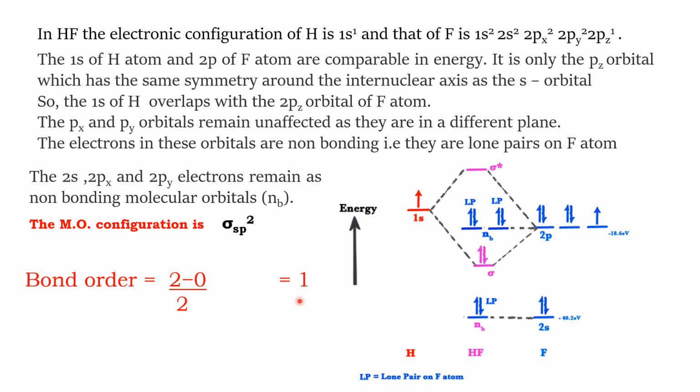All other orbitals of fluorine remain as non-bonding molecular orbitals. So a new term has come, non-bonding molecular orbital. We have seen bonding molecular orbital and anti-bonding molecular orbital. Now a new term has come, that is non-bonding molecular orbital. Got it? Take it down.